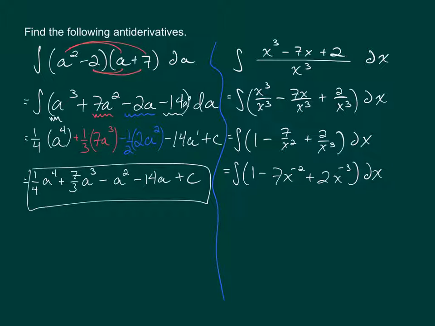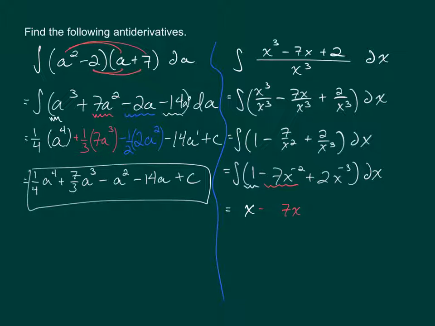Now we can go ahead and find the antiderivative for each term. So when we do this, we're taking the antiderivative with respect to x. So when I find the antiderivative of 1, it will end up having a variable x. The next term, minus 7x to the negative 2 power, this will be minus 7x.